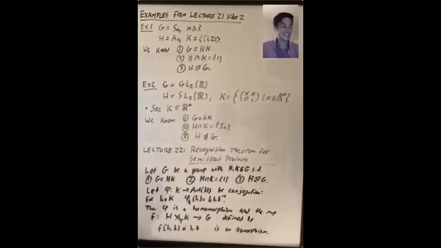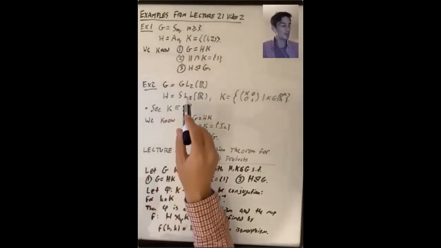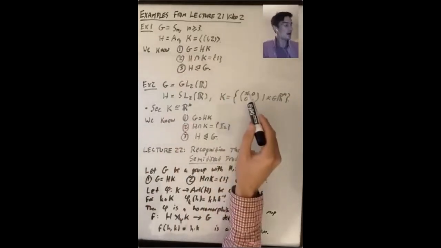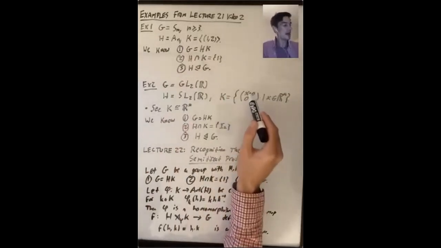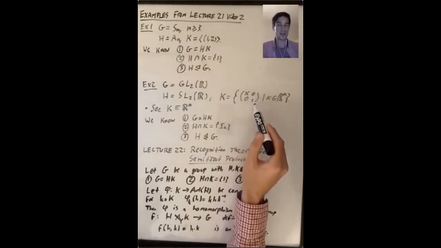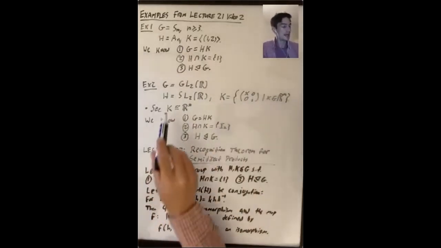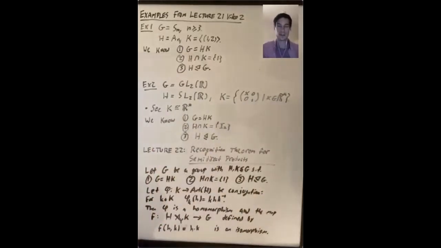All right, in the next example, we took GL2R, we let H be the subgroup SL2R, and K be the subgroup where you have a diagonal matrix with an x in the top left corner and a 1 in the lower right corner. So x is anything in R star. In this way, it's easy to see that K is isomorphic to R star.